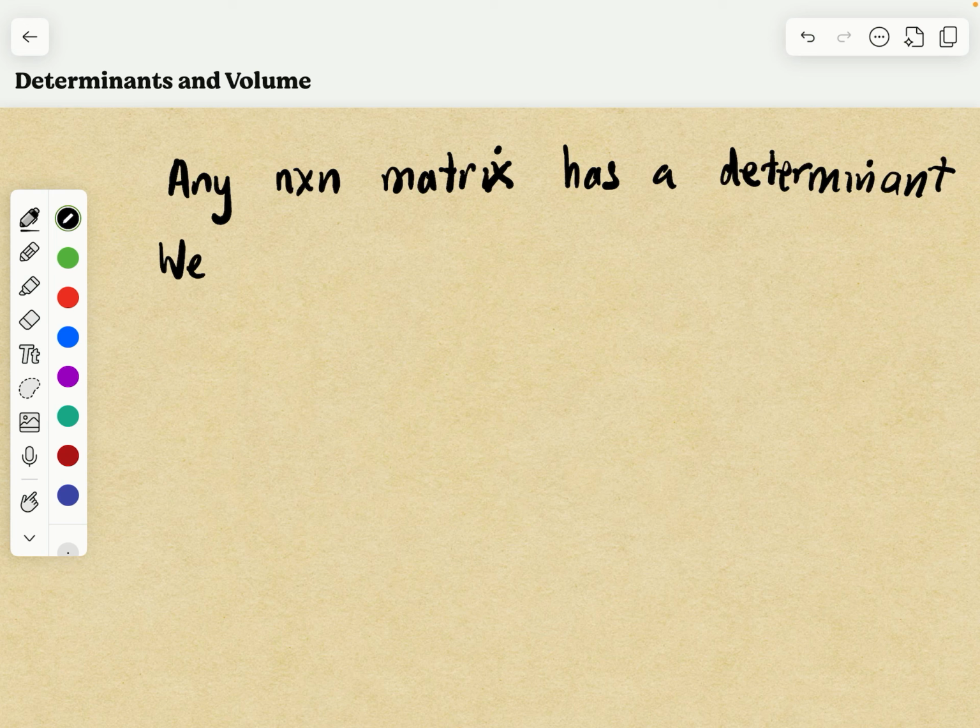So we'll interpret the absolute value of the determinant of A. And the theorem is the following.